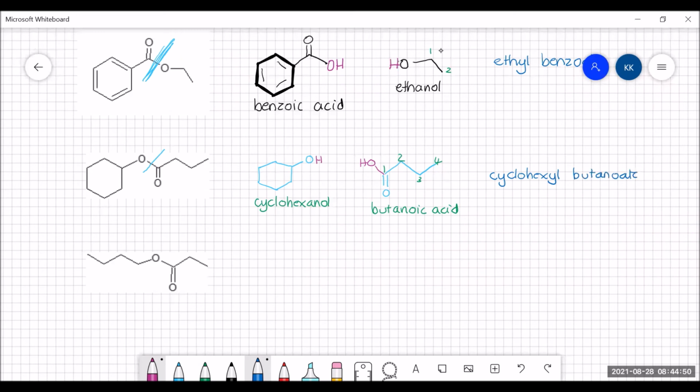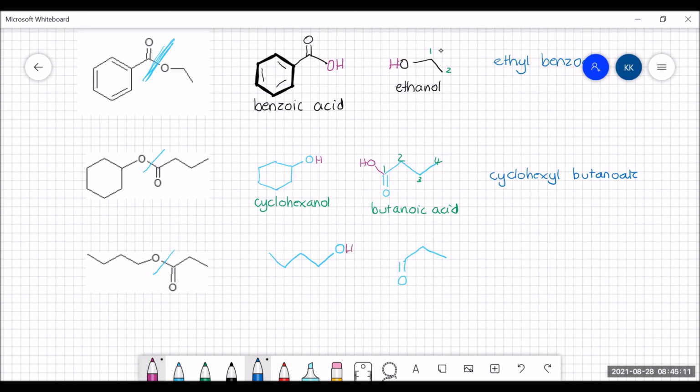And finally, splitting our ester group down the middle, what do we have? We have our alcohol part, and we have our carboxylic acid part.